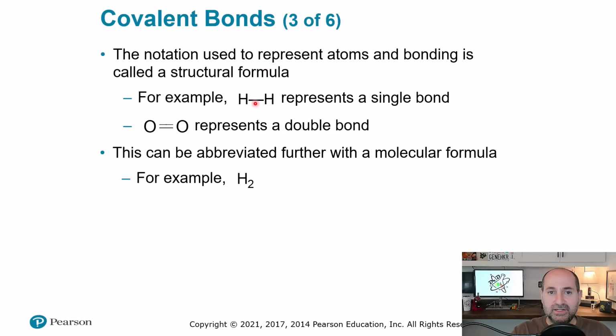There was a line, right? A single covalent bond is denoted with a single line. However, a double covalent bond is denoted with a double line. And the molecular formula is written out like this: H2 or O2 or H2O.